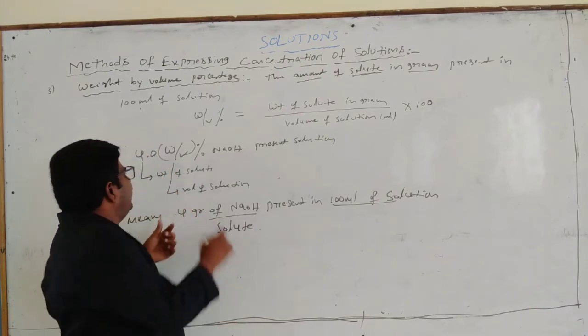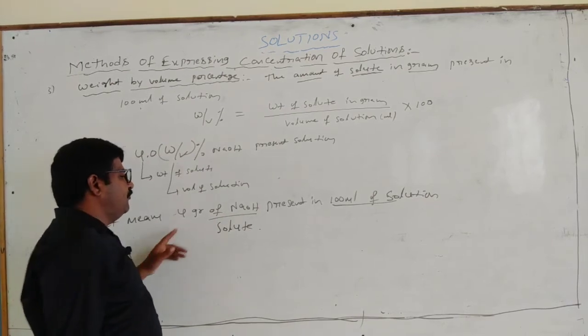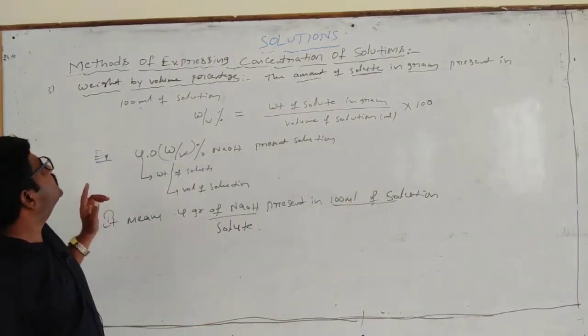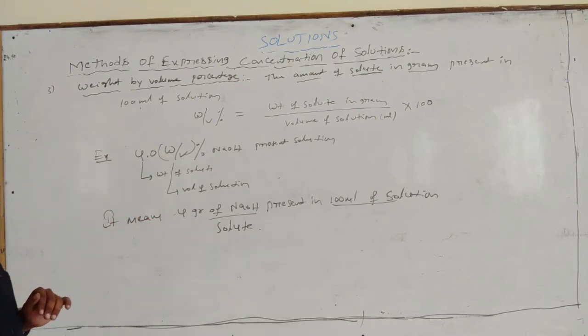So 4 grams of NaOH are present in 100 ml of solution. This is weight by volume.